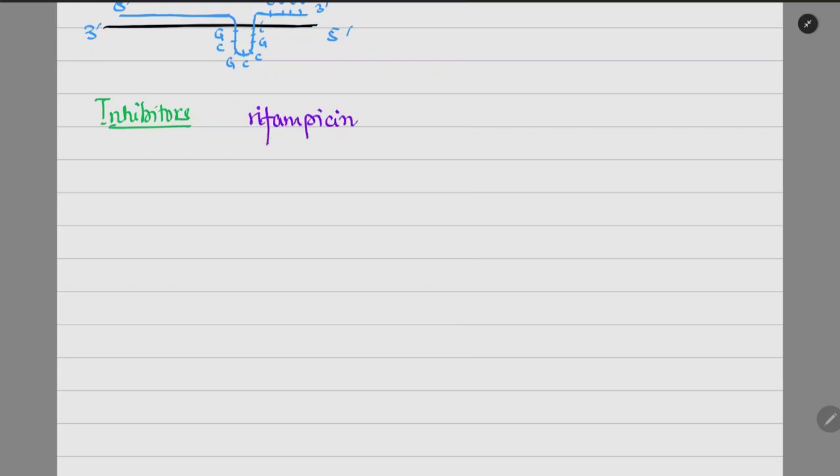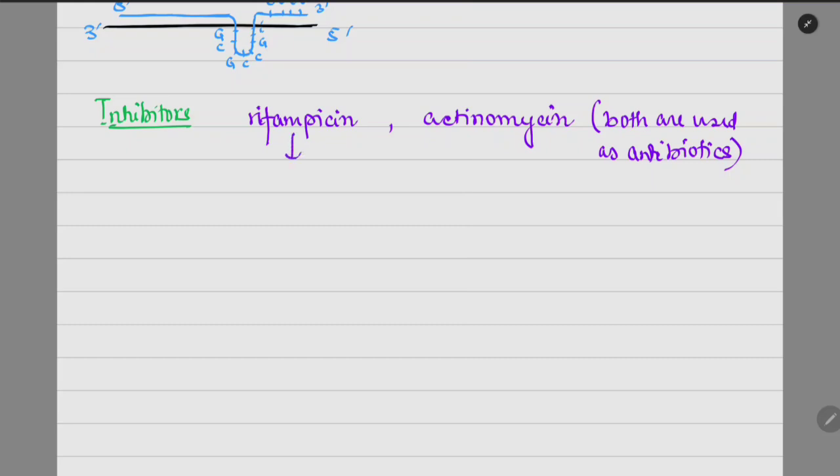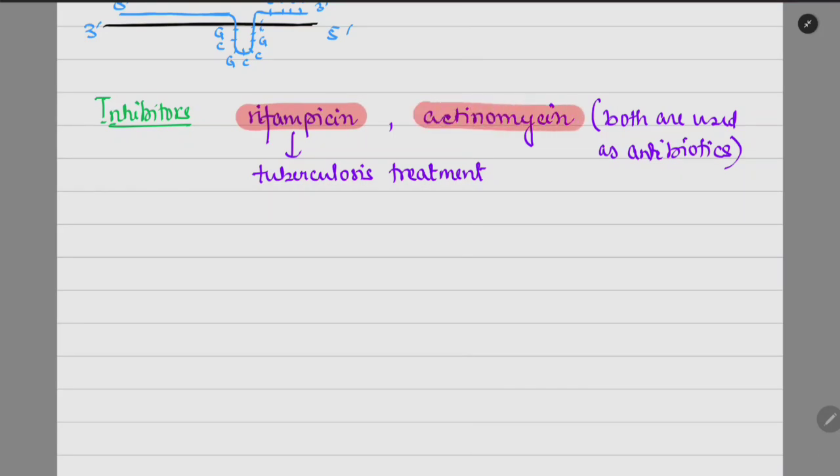I hope you have heard this name before. And another one is actinomycin. Okay, both are used as antibiotics. The rifampicin is mainly used in tuberculosis treatment. Okay. So these two important points are the rifampicin and actinomycin.